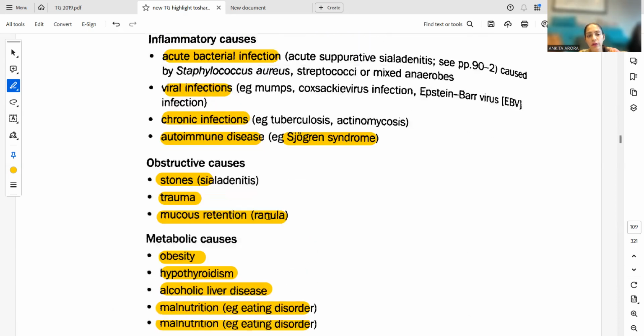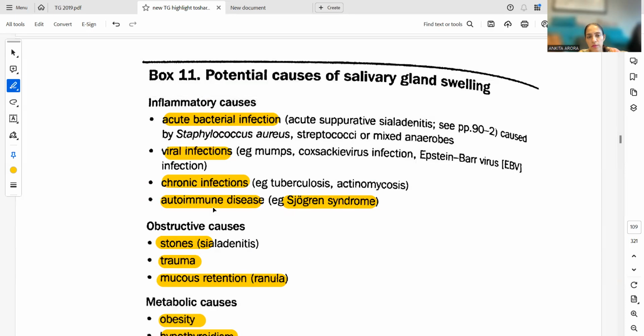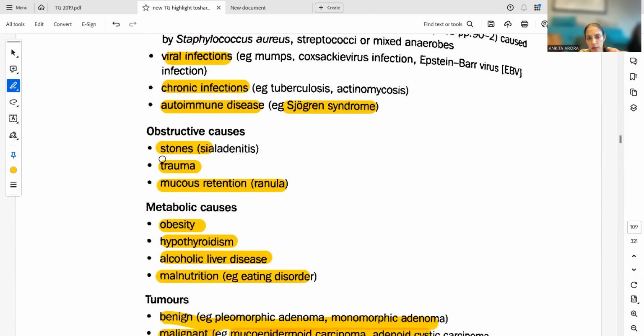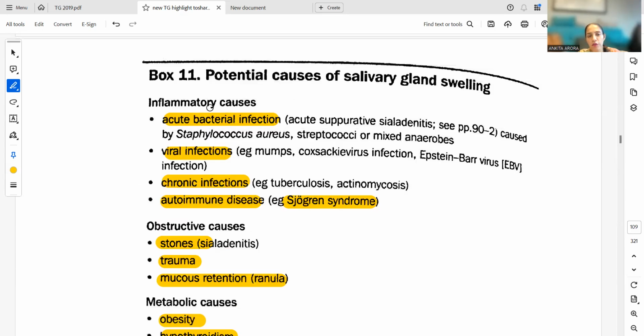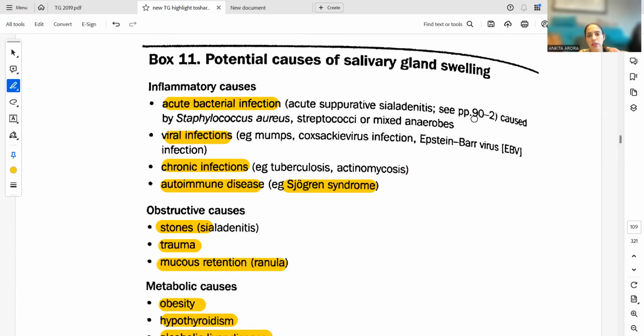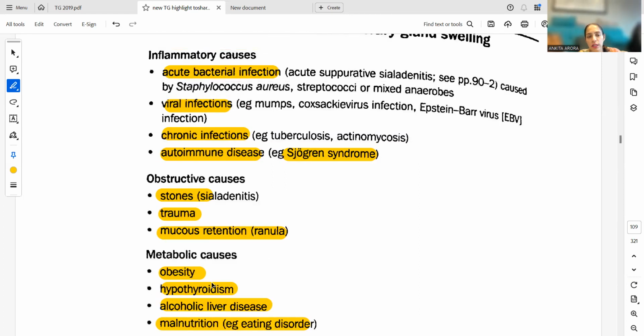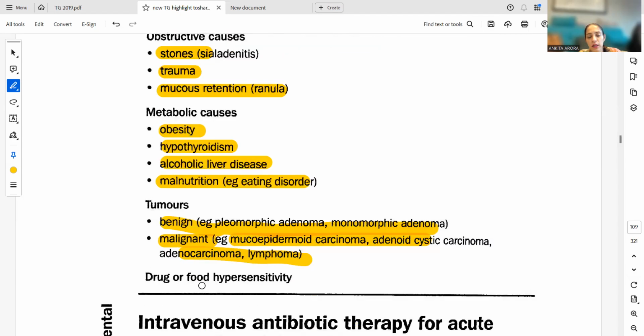So we have a mnemonic which can be made for this salivary gland swelling. Last is drug or food hypersensitivity.